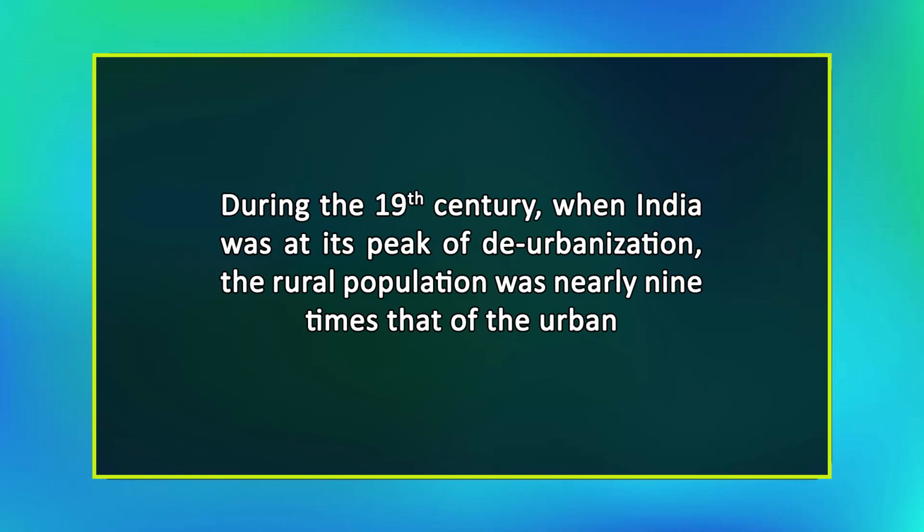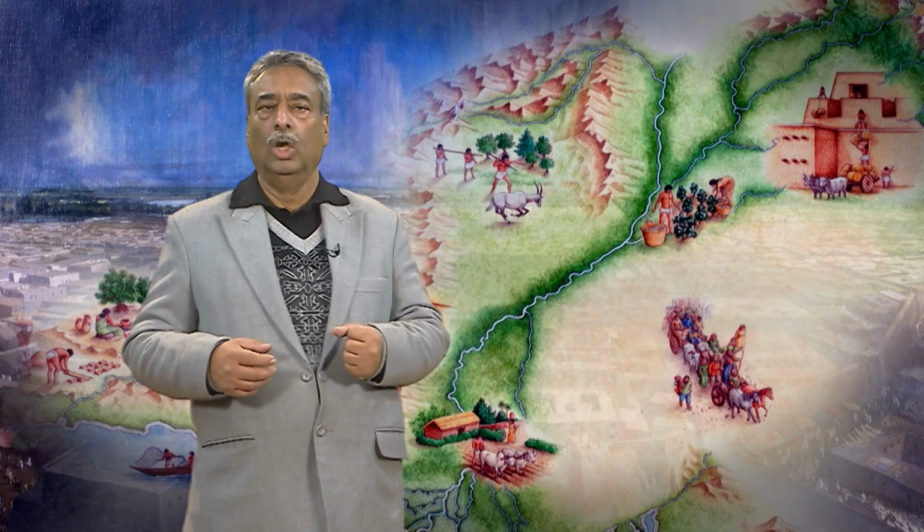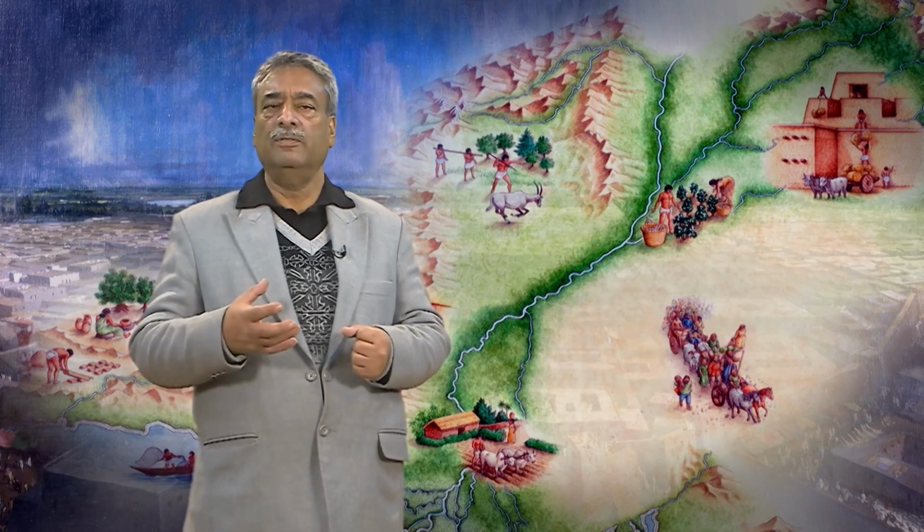During the 19th century, when India was at its peak of deurbanization, the rural population was nearly 9 times that of the urban. With agricultural production far lower than in the 19th century, it will be difficult to believe that enough food for the urban population was grown in the Indus civilization by a rural population less than 15 times its size.